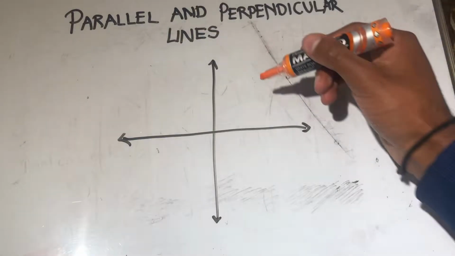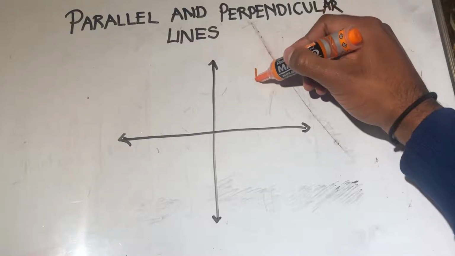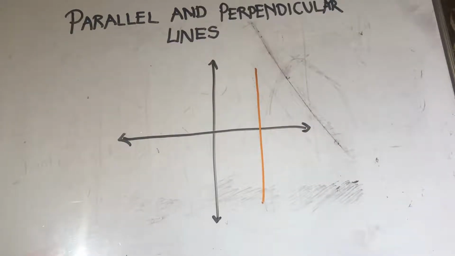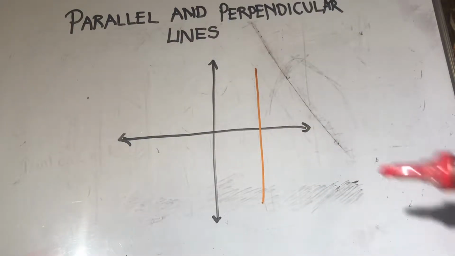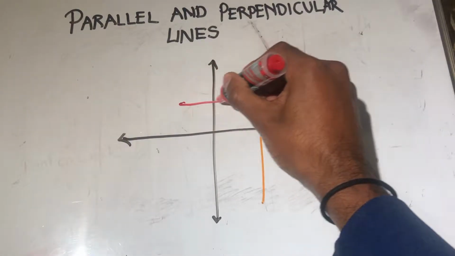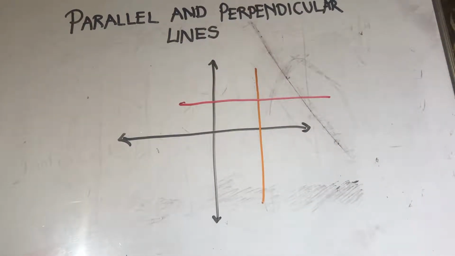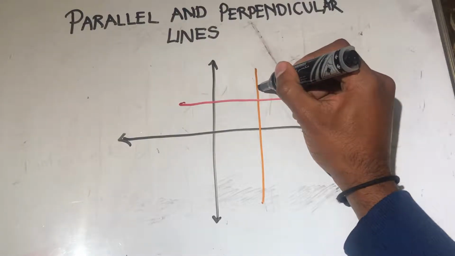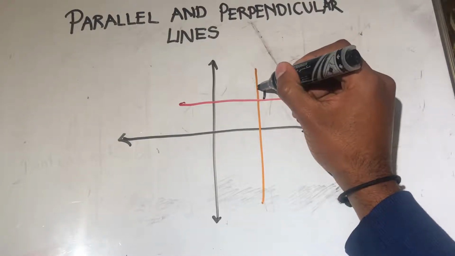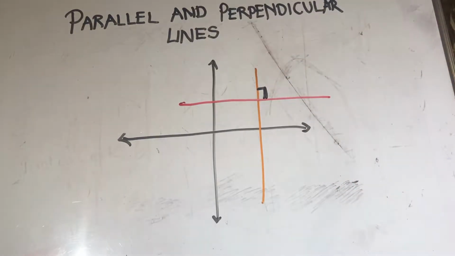Let's say you have a vertical line going through here, and then you have another horizontal line going through here. Notice how both lines intersect exactly at a 90-degree angle. When you see this, you can say that the lines are perpendicular.